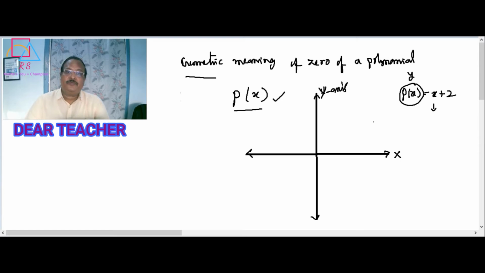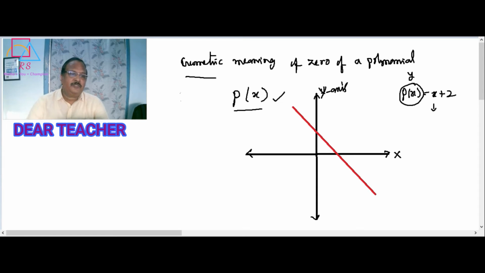Now if you represent a polynomial, you will get some graph. Let us take a line, because for a linear polynomial you will get a line. Let us say this is the graph of a linear polynomial.